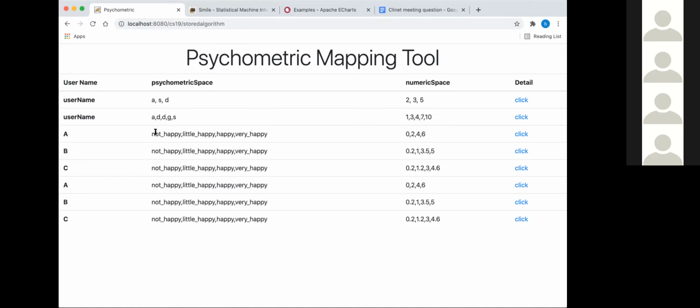Say in the training you have not happy, little happy, happy, and very happy. If I say I have a new category called not so happy, which is not in the data, I can say not so happy is between not happy and little happy, or close to not happy. From that, I want to be able to find out the numerical value of not so happy.